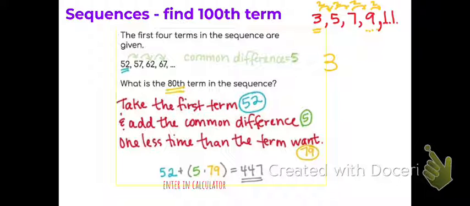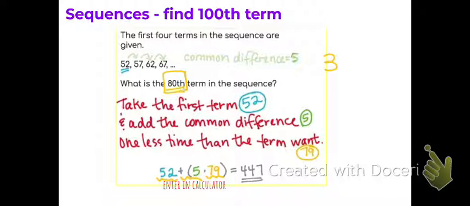So in this case, if I'm asked to find the 80th term, if I know the first term is 52, and I know I'm adding 5 each time, I'm going to try to find what is 52 plus 5 79 times. So I'm trying to find the 80th term. So 1 less than 80 is 79. This is what I put in my calculator, and I'll see it's 447.